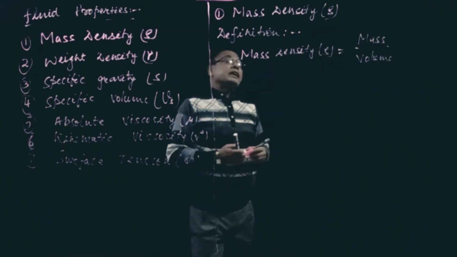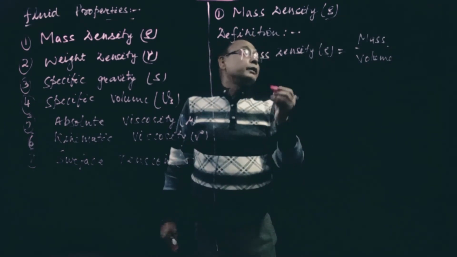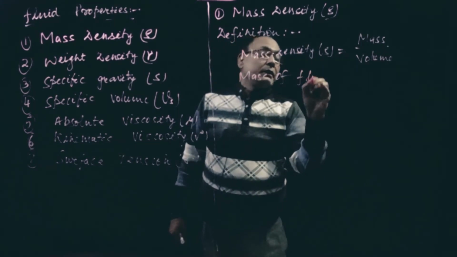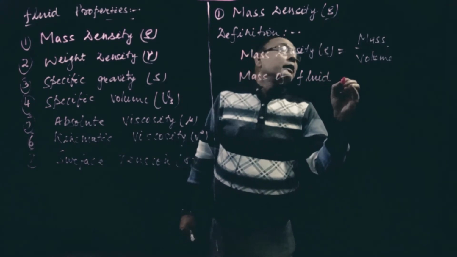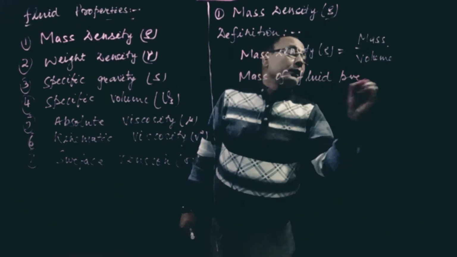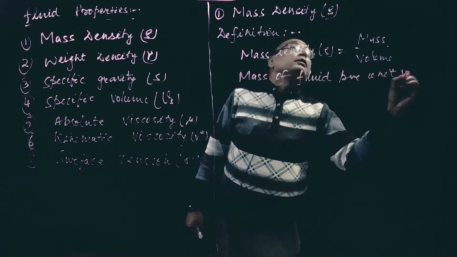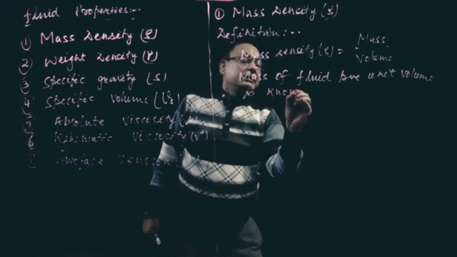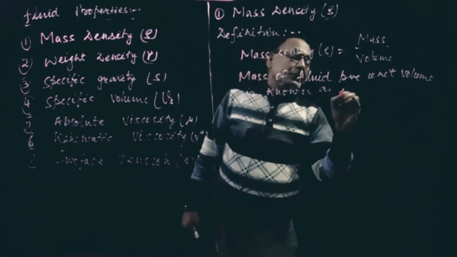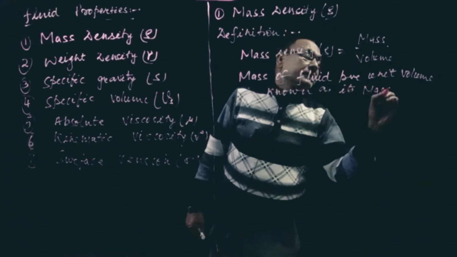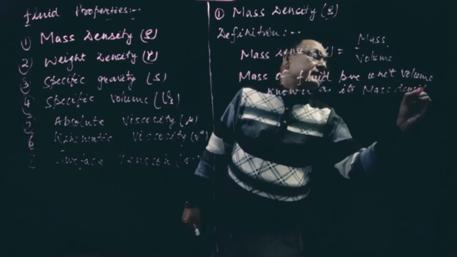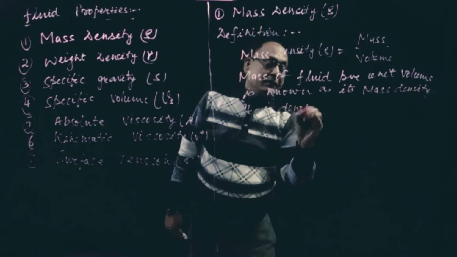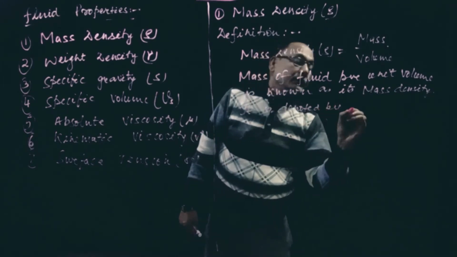How can you define mass density of a particular fluid? Mass of fluid per unit volume is known as its mass density, denoted by rho.